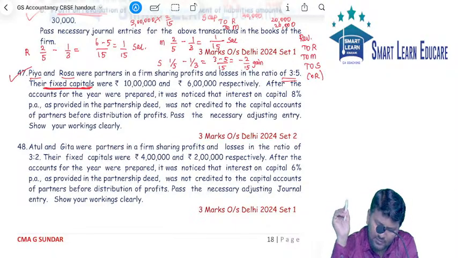So we have two partners, old ratio 3:5, profit sharing ratio 3:5. Their fixed capital is given as 10 lakh and 6 lakh.